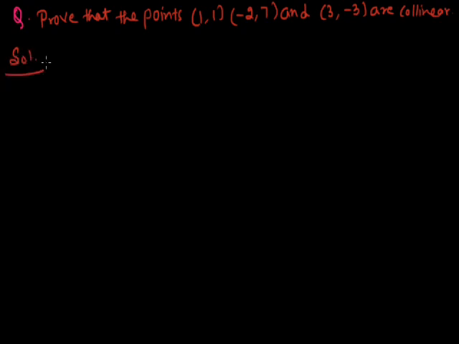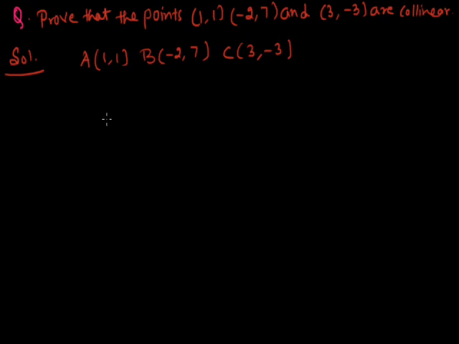Now suppose we want to prove that these 3 points are collinear, then the sum of the distances between 2 points. Suppose the point A is (1, 1), B is (minus 2, 7) and C is (3, minus 3). Then the sum of any two distances, suppose AB plus BC is equal to AC, or BC plus AB is equal to CA.